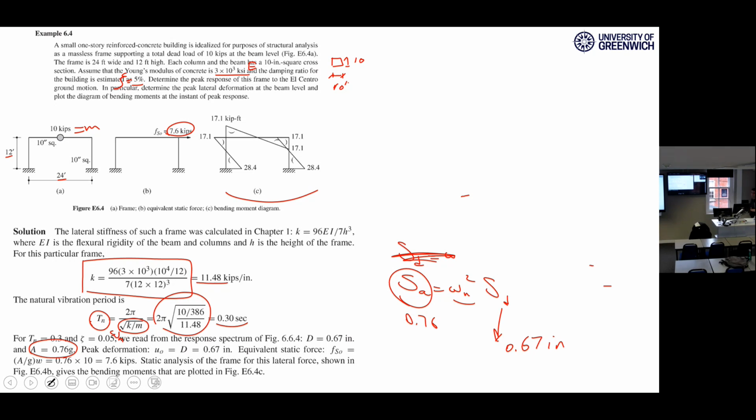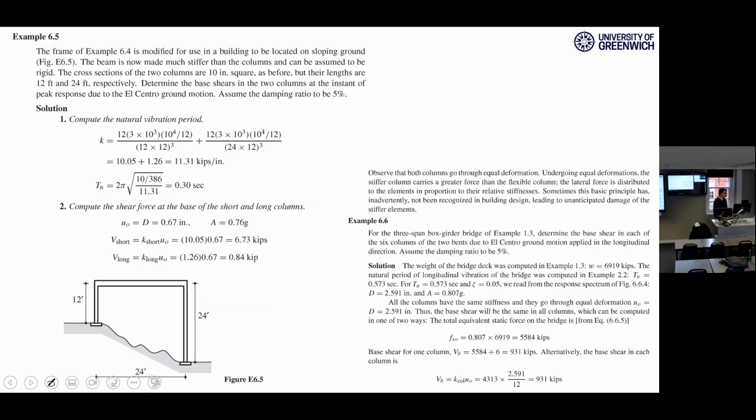However, see what happens if we move to this example, which is really similar to the previous one, but it is going to be constructed on a sloping ground for some reasons. For that reason, one of the columns should be 12 inch, but the next one should be 24 inch, because the ground is like this, right?